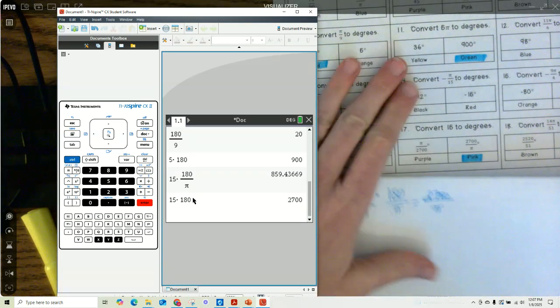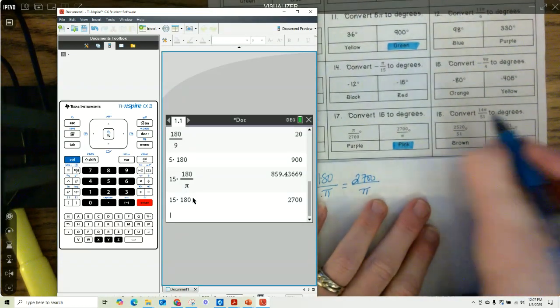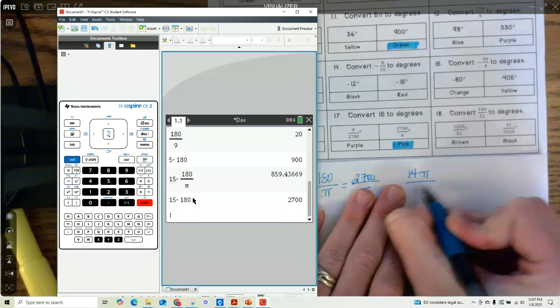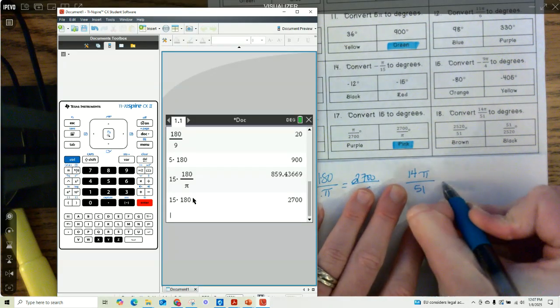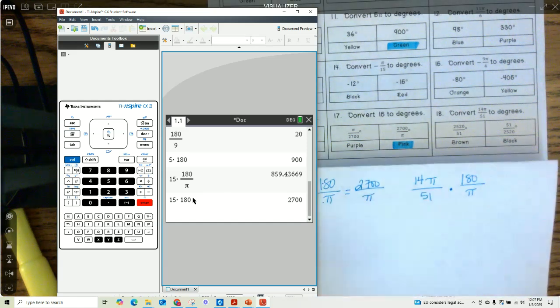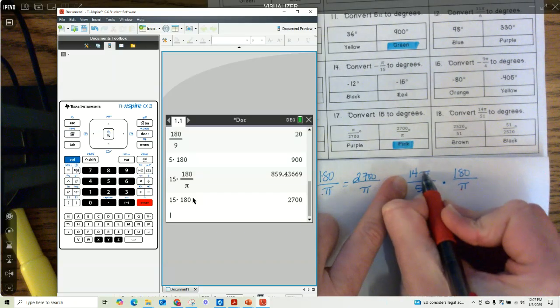And then let's look at 18 as well, because 18 is kind of like that. Okay, 14 pi over 51. We would multiply it by 180 over pi. Can you type the whole thing in? This one I think you can. I'll check it, but I think you can. But let's simplify. Pi on top, pi on bottom.